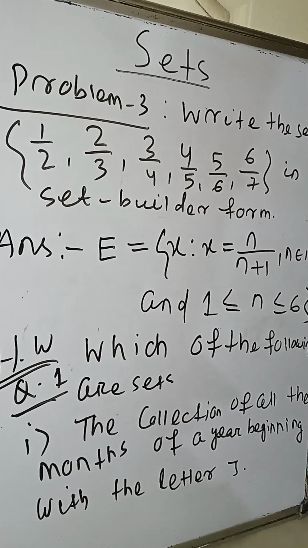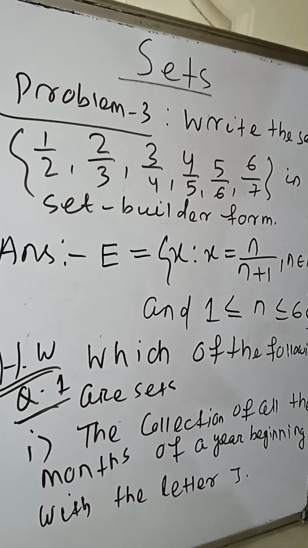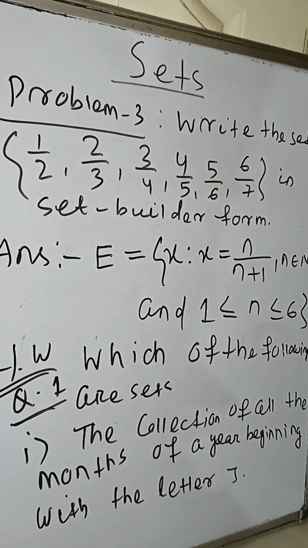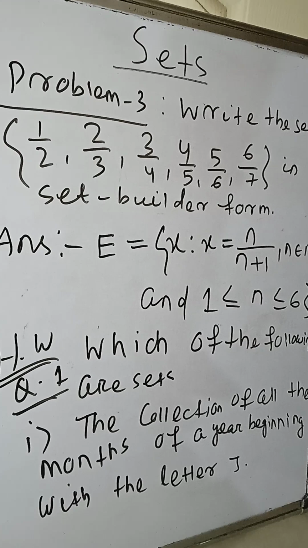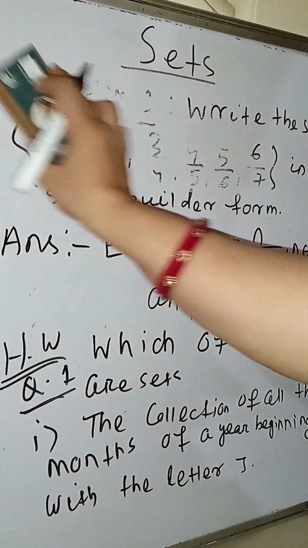It means: is it possible to find the elements or members of the set? If it is possible to find the elements or members of the set, meaning a well-defined collection of objects, then it will be a set, otherwise not.